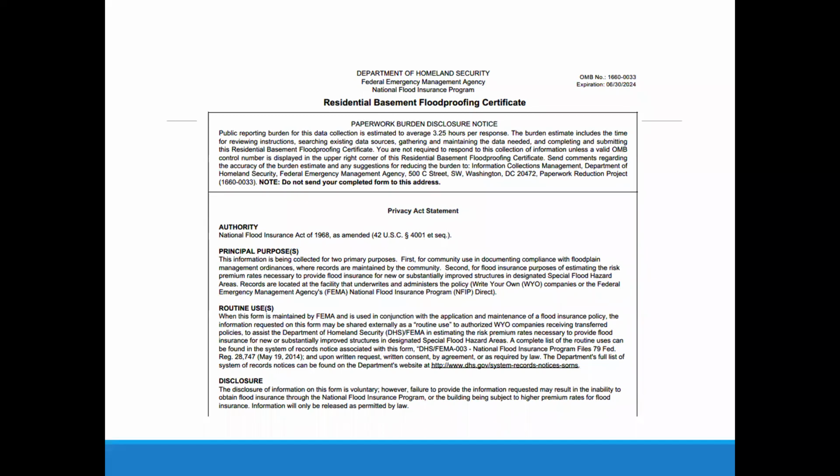And they ended up building a basement that was like 6 feet below ground, 8 feet below the base flood elevation, and the floodplain administrator in that community was an engineer. And they used the non-residential floodproofing certificate without the correct construction requirements, and they're not the same, and they're not documented the same.